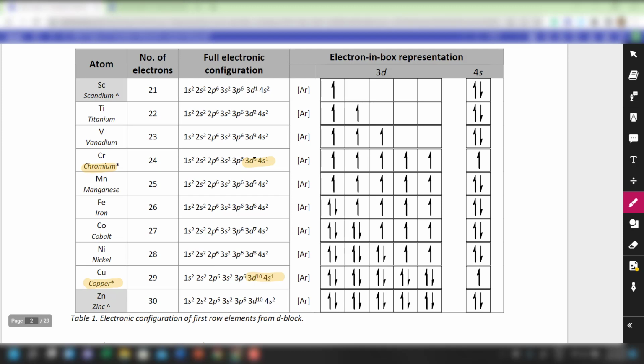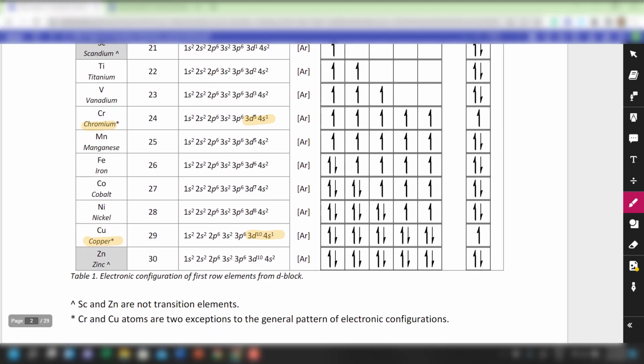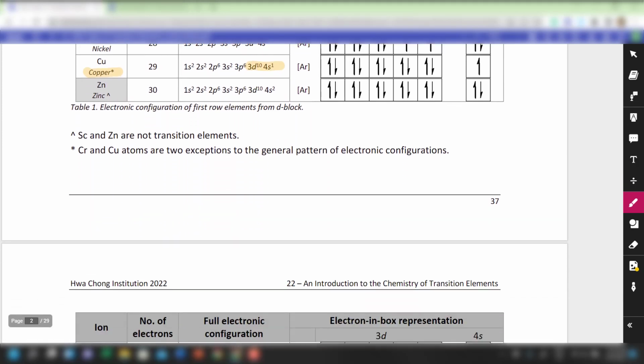Because you have 3s, which can fill 2 electrons, 3p, which can fill 6 electrons in total, and 3d, which can fill 10 electrons in total. You might have heard from your seniors, or read about it in textbooks or online sources, something called the 18 electron rule. So do not be surprised if you have seen that.